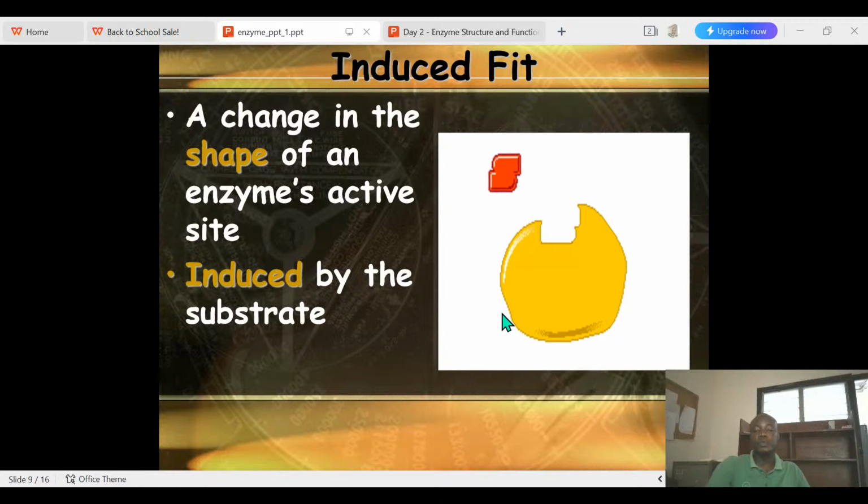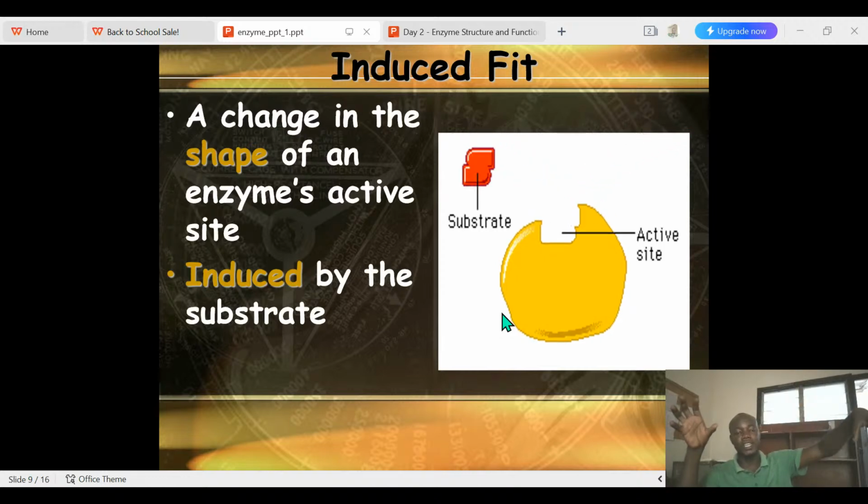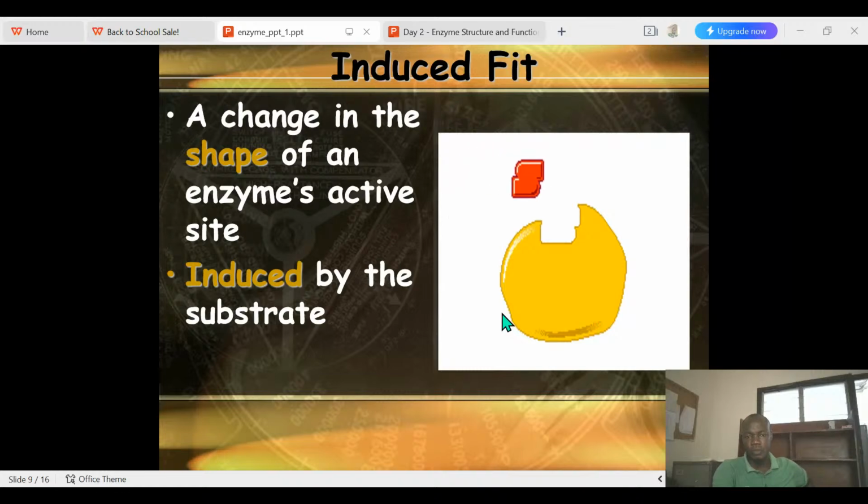So an induced fit is actually when the active site of the enzyme is changed due to the binding of the substrate. So you have a substrate, and look at it. I hope you have seen how the substrate relates. So you see it is now binding to the active site. Look at how the active site of the enzyme changes.